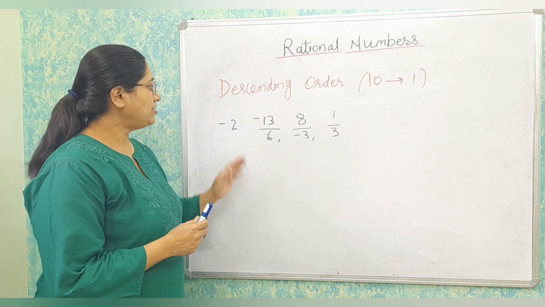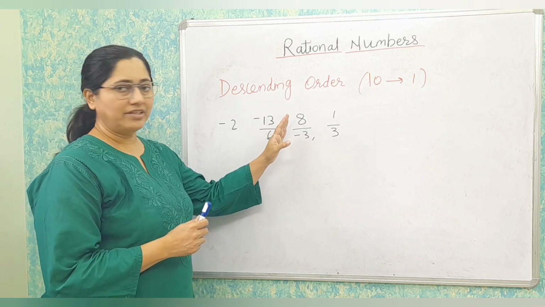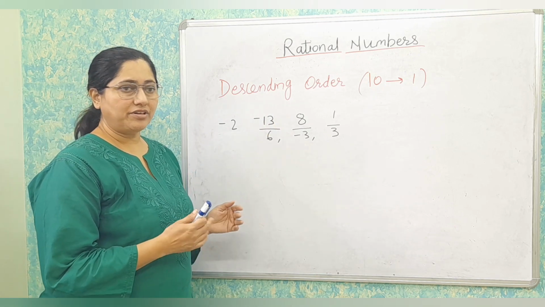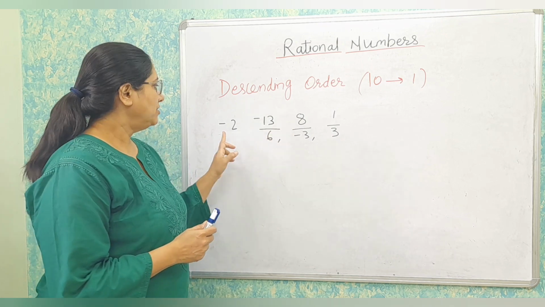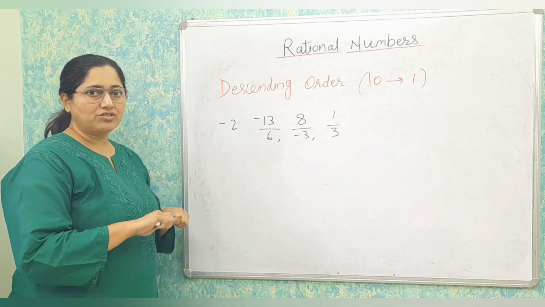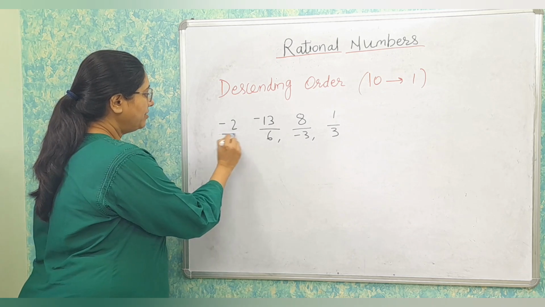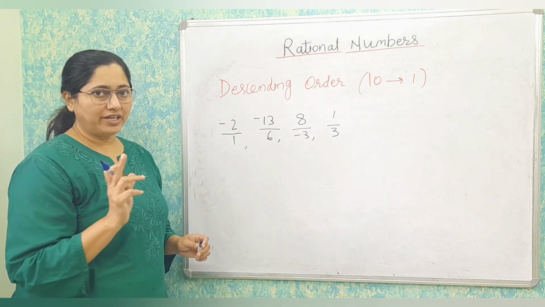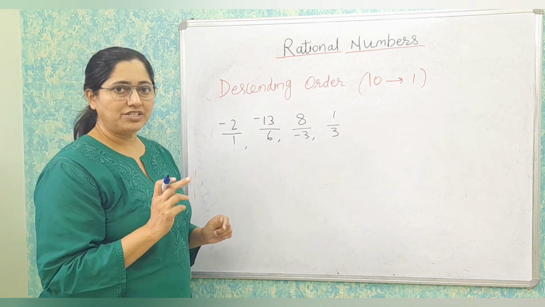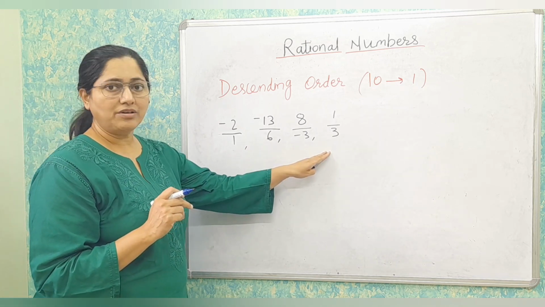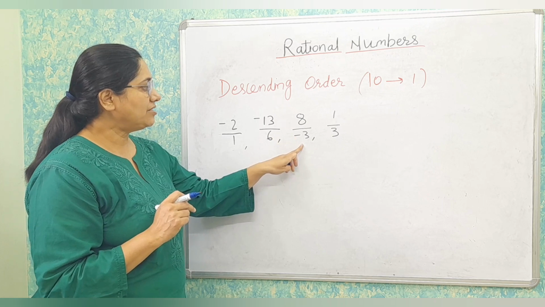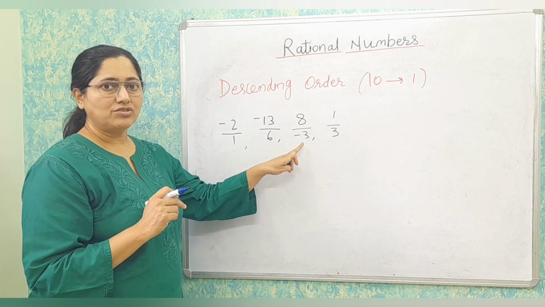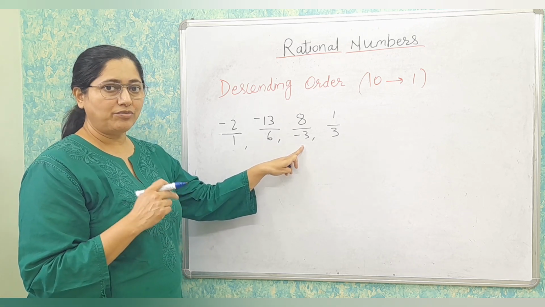Now we have to arrange all these rational numbers in descending order. And descending order means big to small. This number has no denominator, so first I will write it divided by 1. Now I have to fulfill again two conditions. First condition, denominator should be positive. But this rational number has a negative denominator, so I will change this denominator into positive.